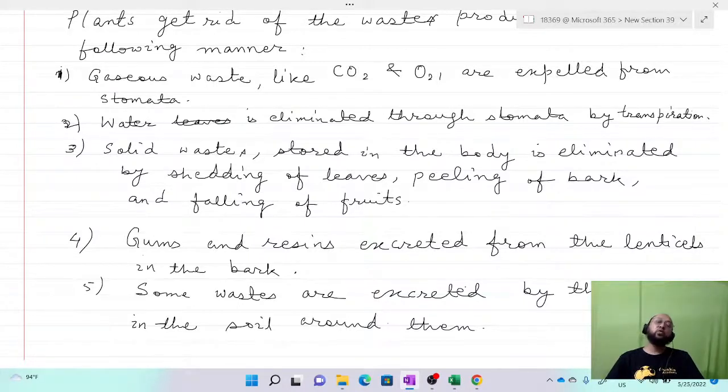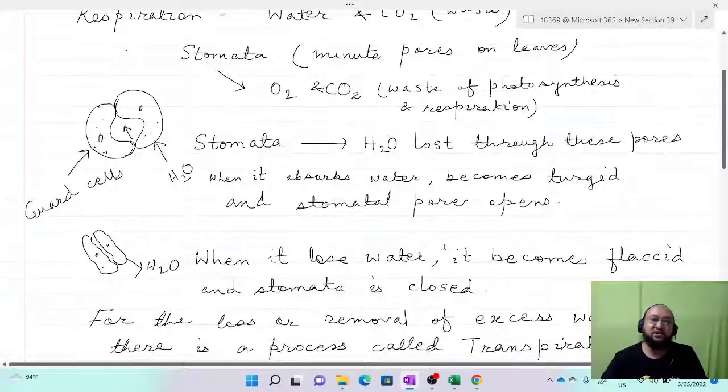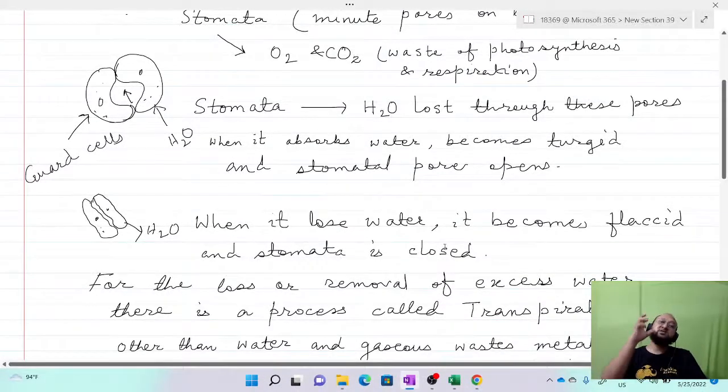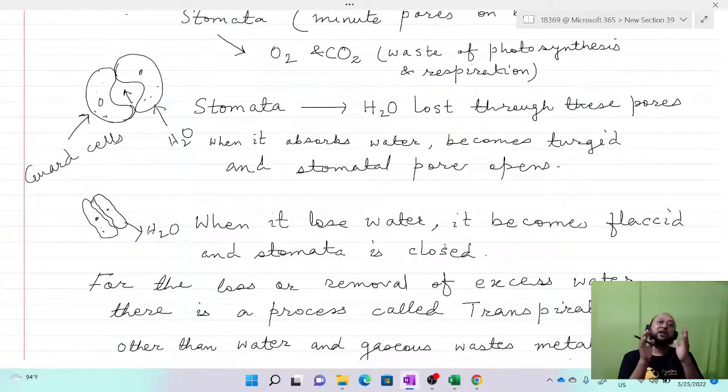There are two guard cells, like I have already explained, and the closing and opening of these stomata depend on the absorption and losing of water from the guard cells.